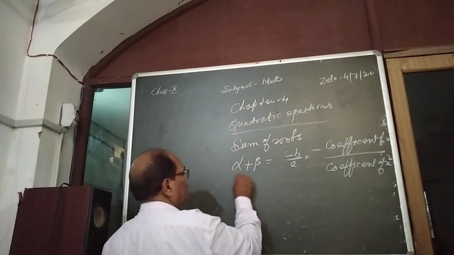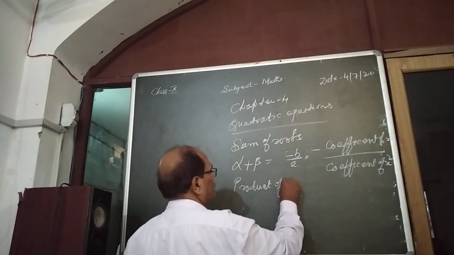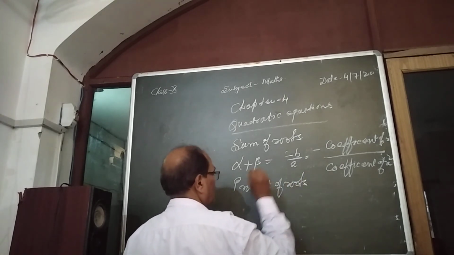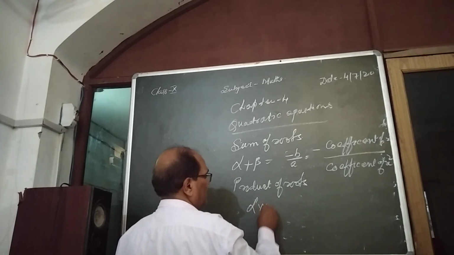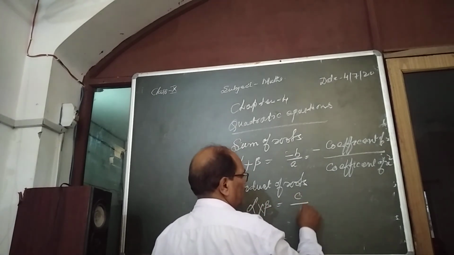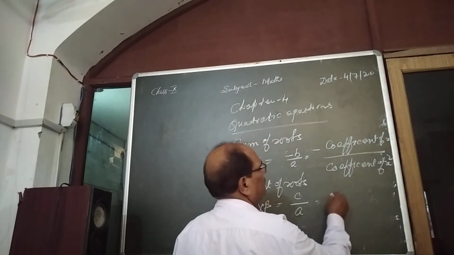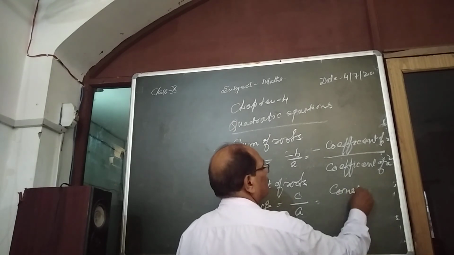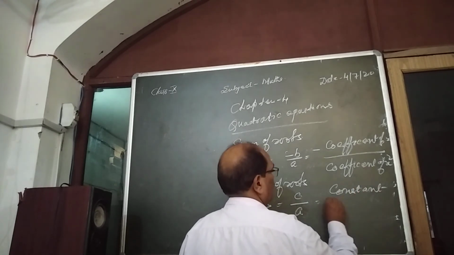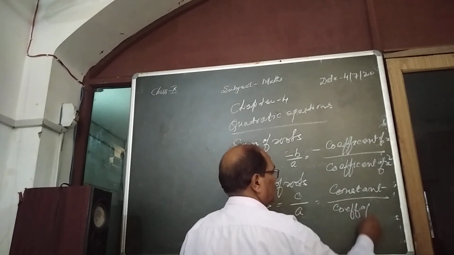And product of roots, that is alpha into beta, when these two are multiplied, it will come c by a. You can solve it yourself. It will come c by a, that is c is the constant upon a, the coefficient of x square.